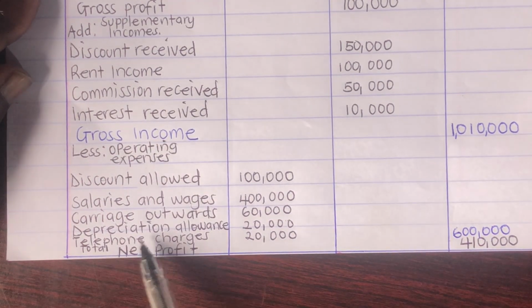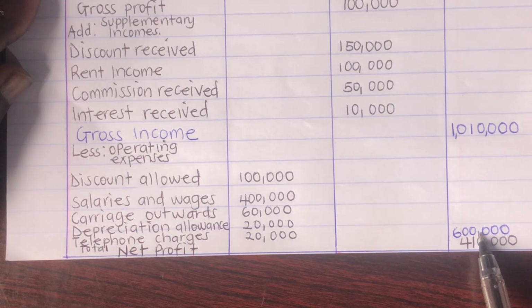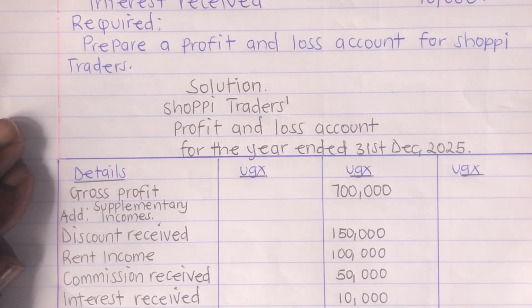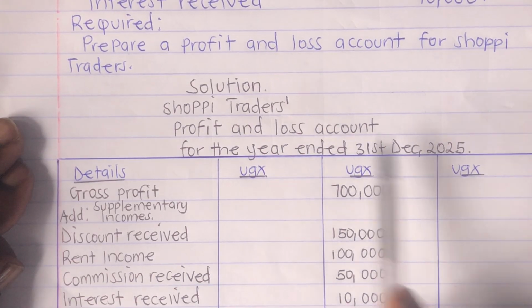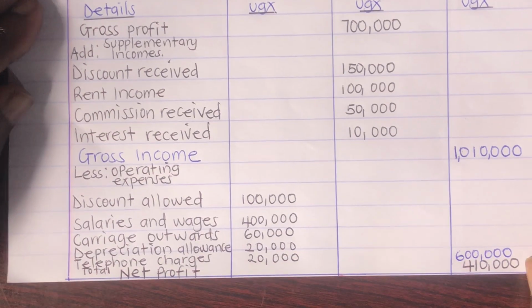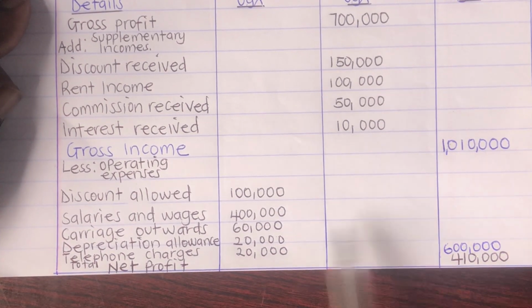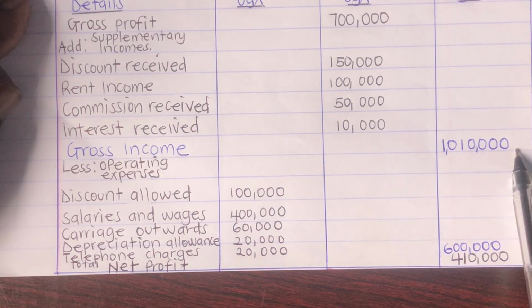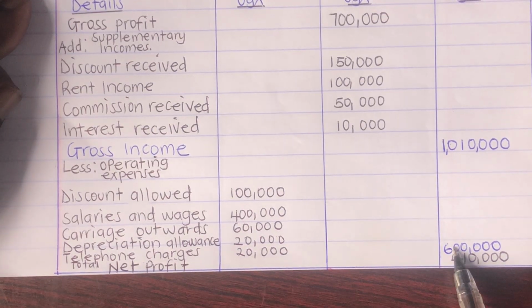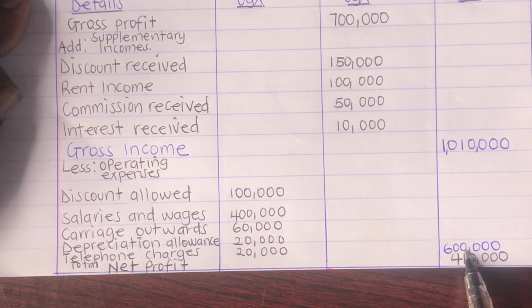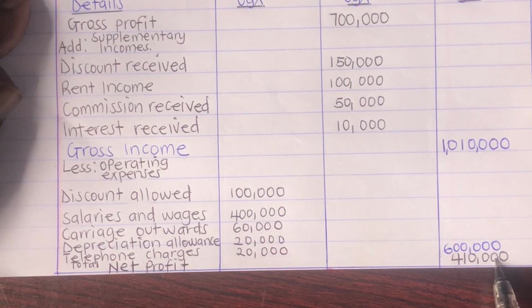Then we have our total operating expenses as 600,000, meaning Shoppi Traders' business made a profit, not a loss, because the gross income is greater than the total operating expenses. 1,010,000 minus 600,000, you get 410,000.